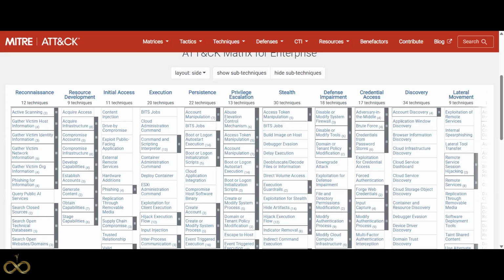It's like a manual that can help you understand what steps the attacker is going to take. Right? Clear?